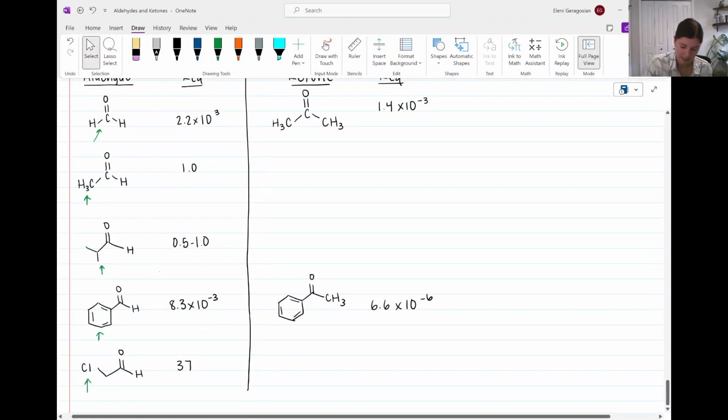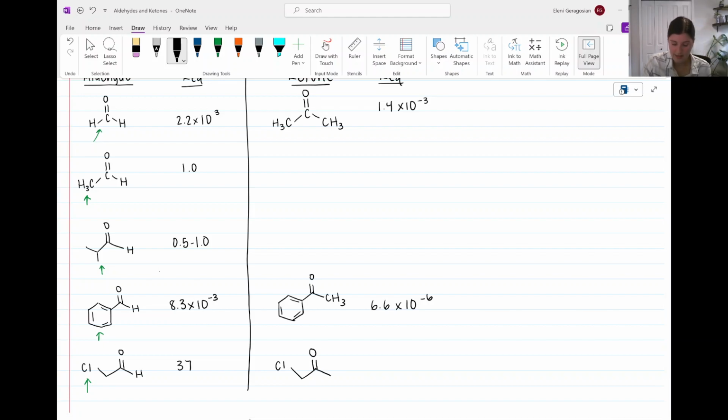And then let's compare with this last one. We have a chlorine. And instead of an aldehyde, we have a ketone, so a CH3 group here. We do have an electronegative element, chlorine, pulling electron density away from that carbonyl carbon, which causes nucleophilic addition to happen quicker, for equilibrium to lie to the right, which is still the case when we have the ketone with the methyl group, but the KEQ is still lower than the aldehyde version of this molecule because of that electron donating effect of the methyl group there.